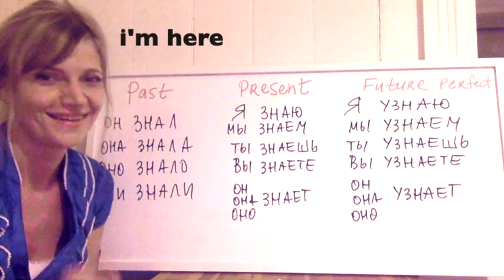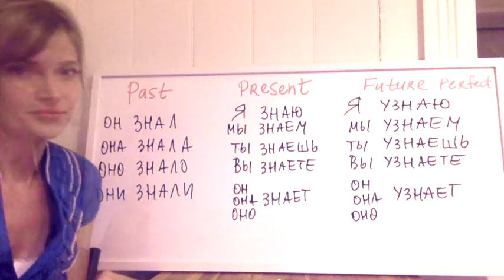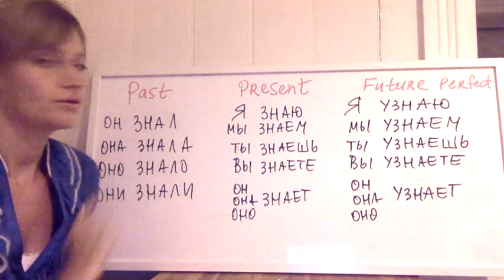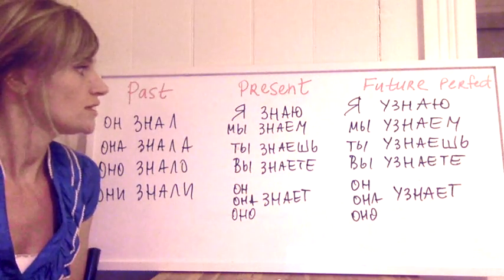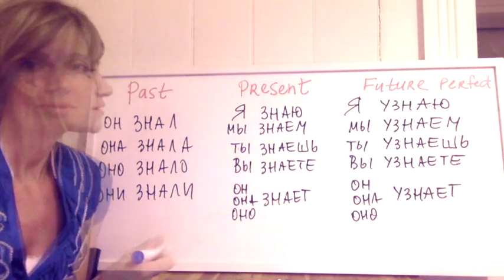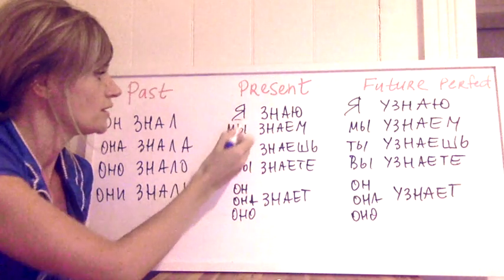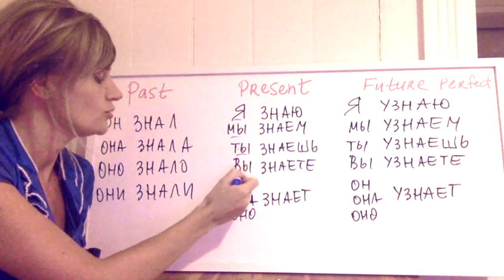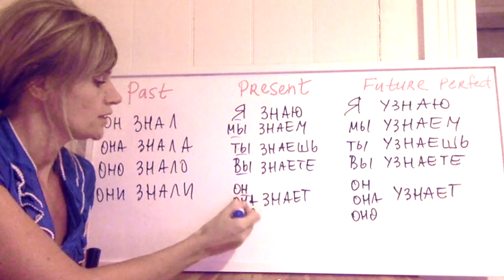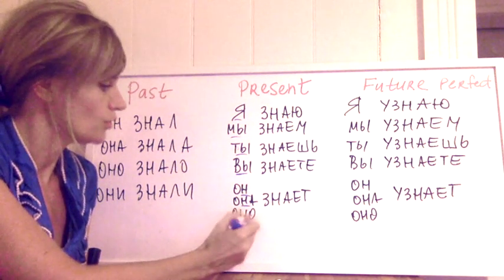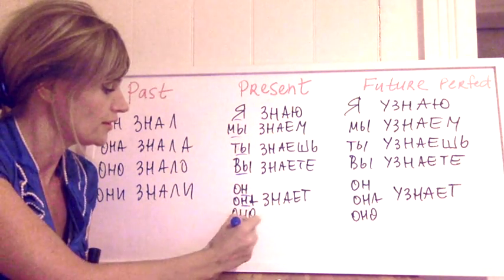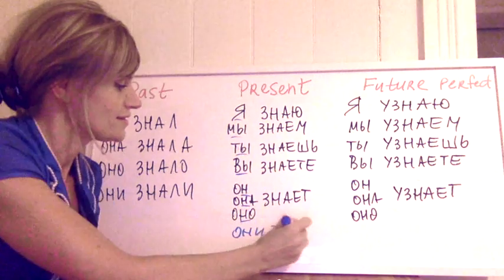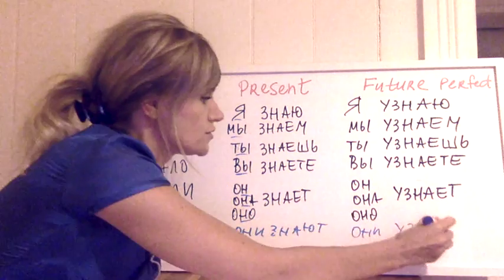Let's take this table here. Present, past, future. You see, in present, the verb splits itself into I, we, you formal, he, she, it, and also they. Они знают.